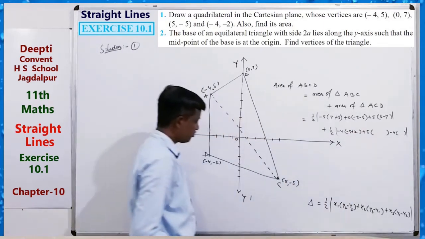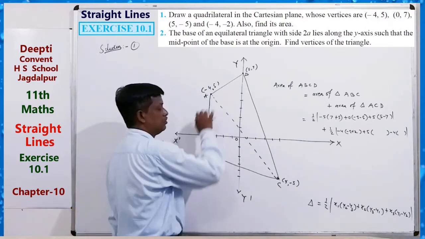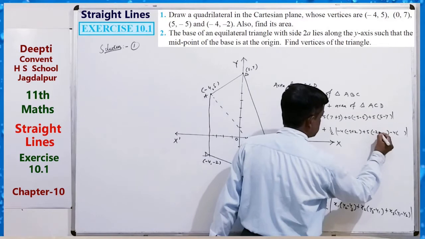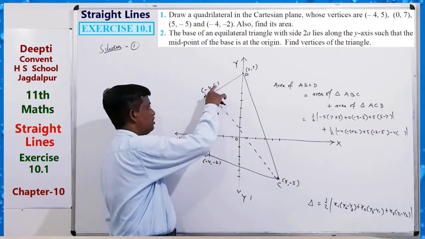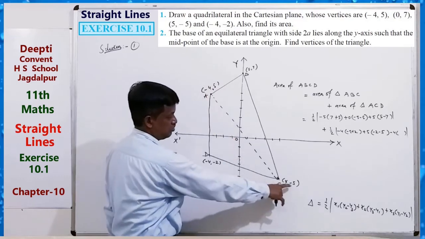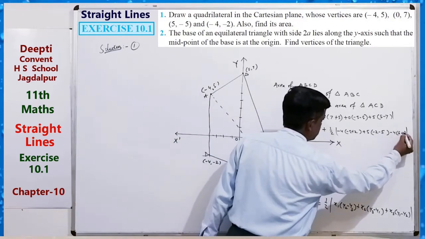Then y3 minus y1 is -2 minus 5. And y1 minus y2 is 5 minus (-5), so 5 plus 5.